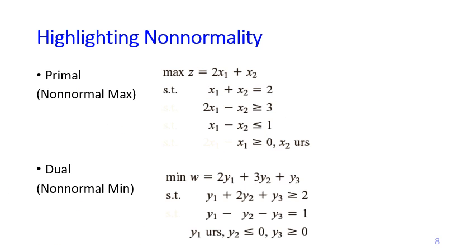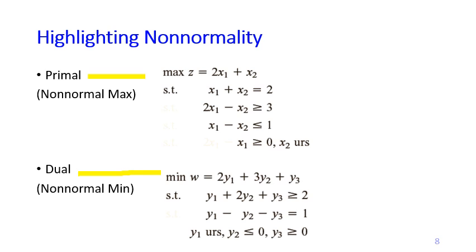So to summarize and to highlight the non-normality, this is our given primal, which is a non-normal maximization. And this is the result that we obtained in the previous slide, which is a non-normal minimization for the dual.